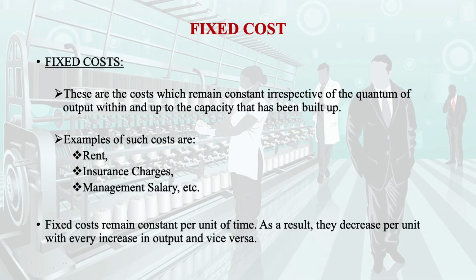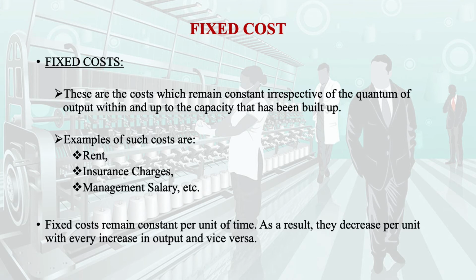Examples of such costs are rent, insurance charges, management salary. Here I would like to explain: if we are paying, suppose, 50,000 rent, whether we are making 10 products or 100 products, if that is accommodated in that particular premises, the rent is not going to change.